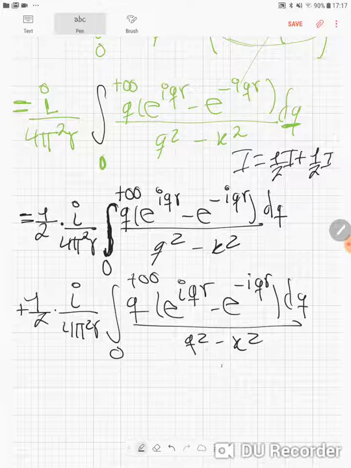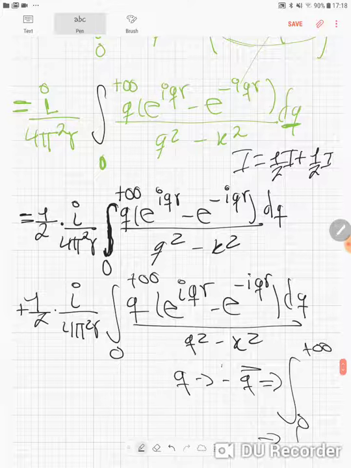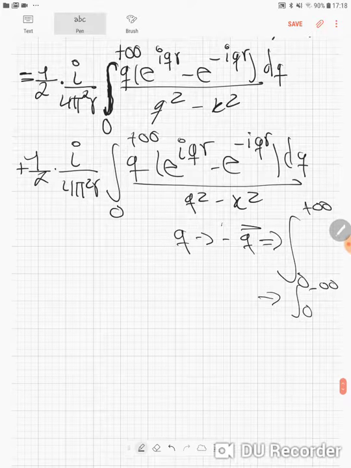So then we will just pick up a minus sign, and then this minus sign can be reverted by changing the integration limits. And since q goes to minus q, infinity goes to minus infinity, so when I go here q to minus q, the limits of this integral will change from 0 to infinity to 0 to minus infinity. Okay, this is what will happen.